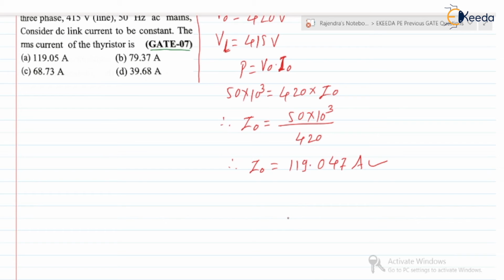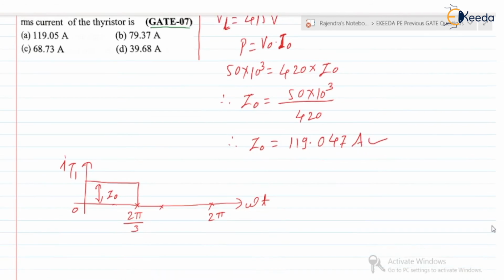If you recall, for 3-phase 6 pulse SCR also, if you draw the waveform for IT1, from omega t 0, it will be in the on state only for 120 degree. So 0 to 2 pi by 3, then 2 pi by 3 to pi, and pi till 2 pi, it will have a waveform like this, and this magnitude is I0 only.